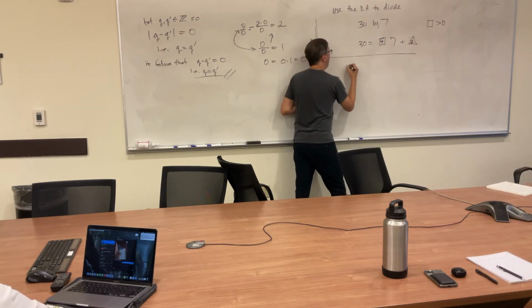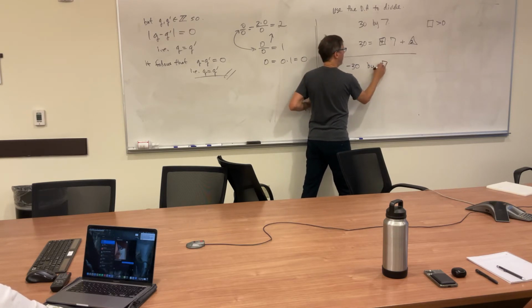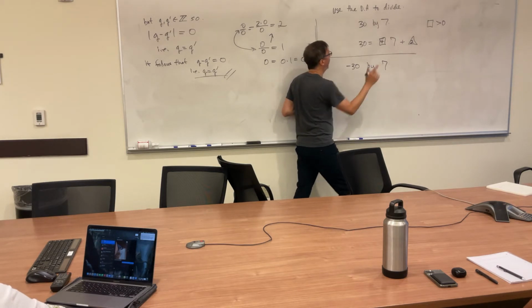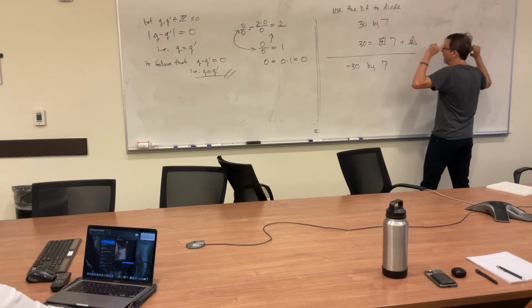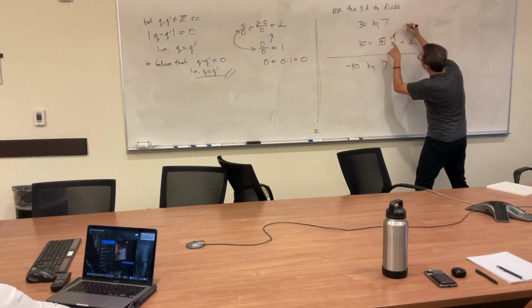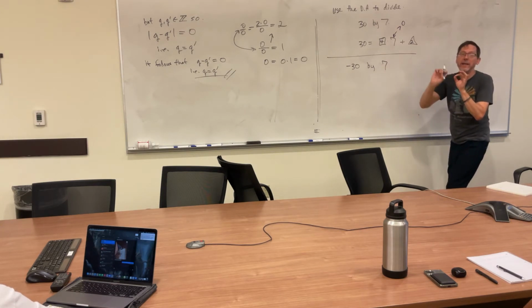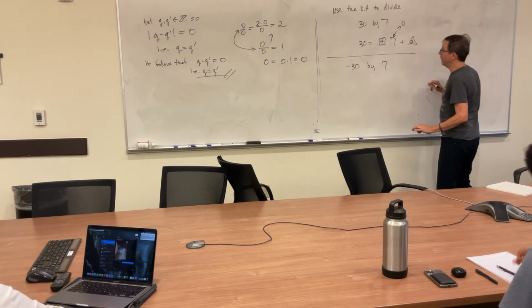Now let's divide negative 30 by 7. Oh, sorry, thank you, Nathan. That is absolutely true. The thing that we're dividing has to be negative, so I screwed up. Really good catch.